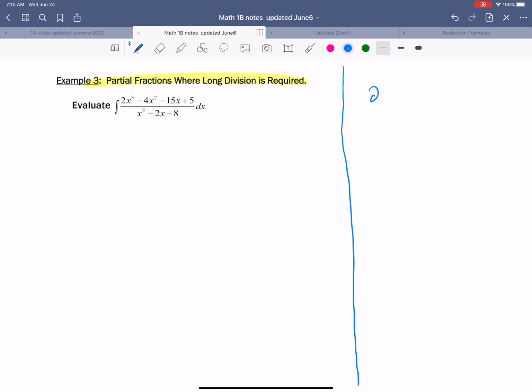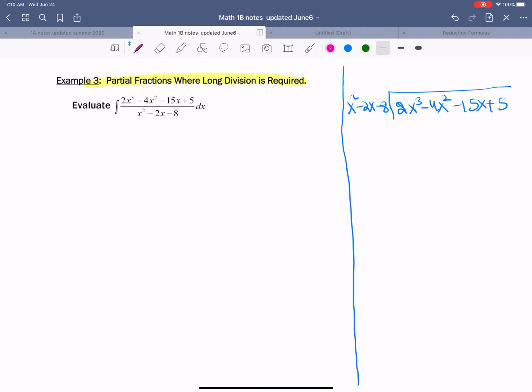So 2x to the third, let me write a little bit smaller, dividing with x squared minus 2x minus 8, 2x to the third minus 4x squared minus 15x plus 5. Okay, so let's see.